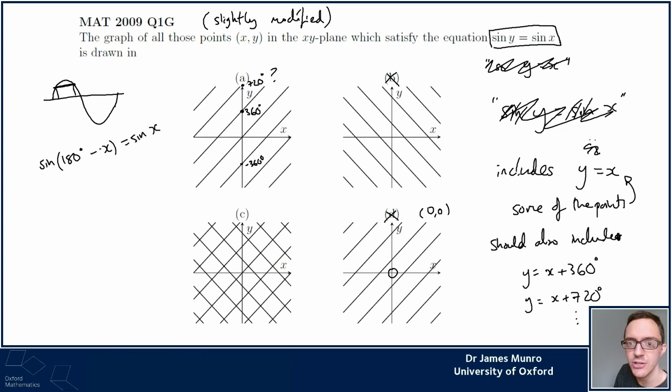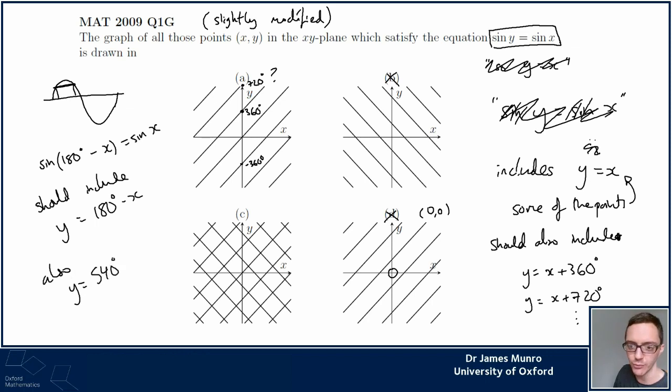So our solutions should include all of these as well. So we should include y equals 180 degrees minus x. And we should also include a lot more things. I can combine these rules together. I should include y is 540 degrees minus x. Those also have the same value.